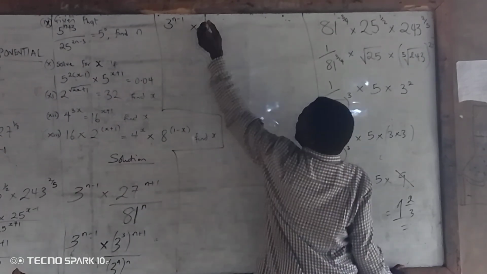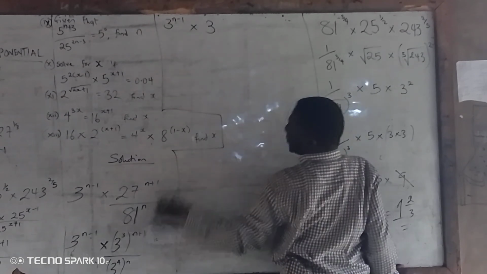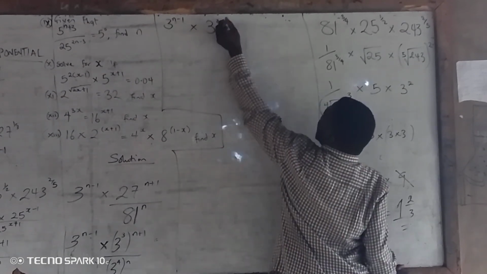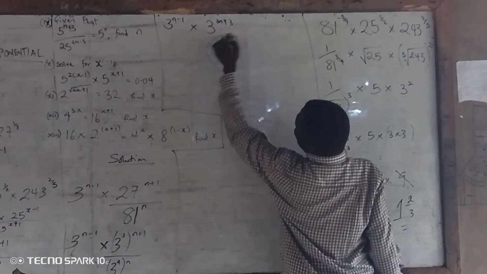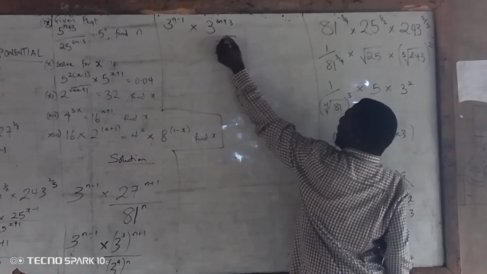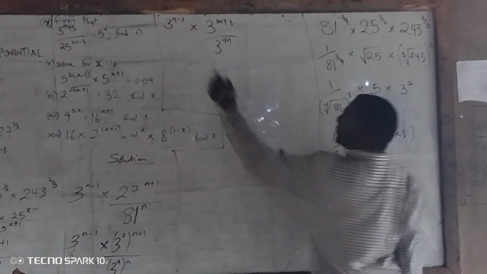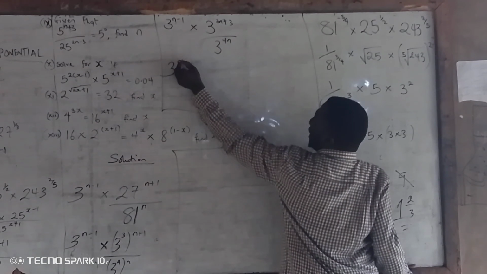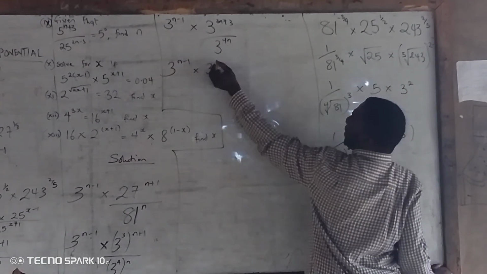So you have 3 times n will give you 3n, to give you 3n plus 3. 3 times 1 gives you 3. So over 3, then you multiply 4 and n, that's 4n.